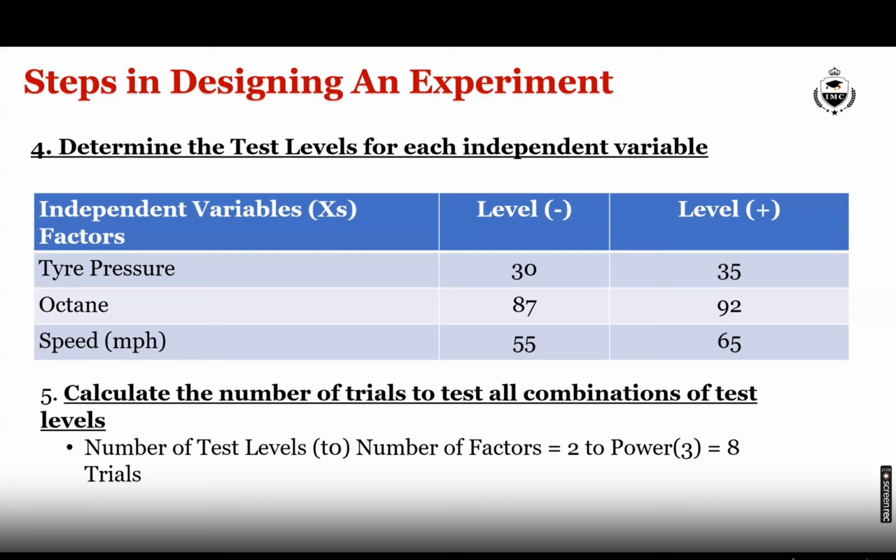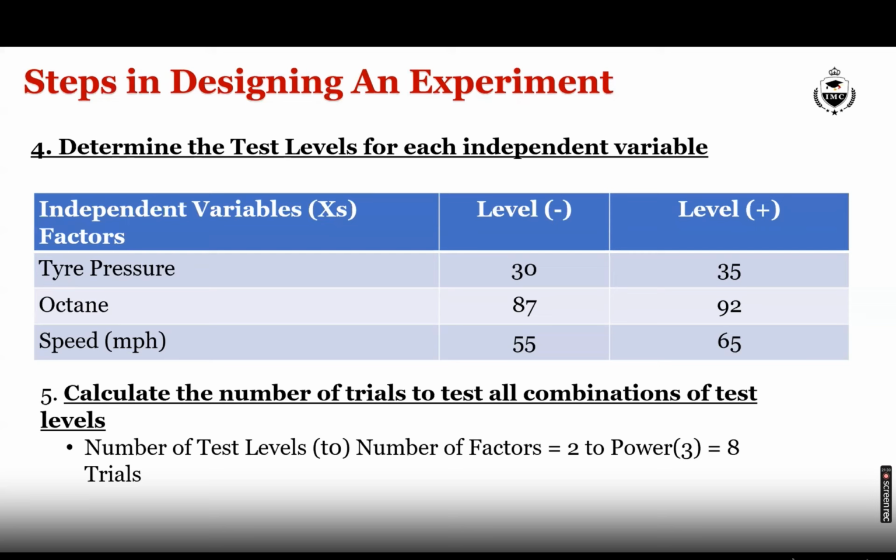So the question is, how many trial runs should the organization run? The number of trials as per step number 5 will be number of levels to the power of number of factors. Levels are 2, number of factors are 3. So 2 to the power of 3 equals 8 trials.